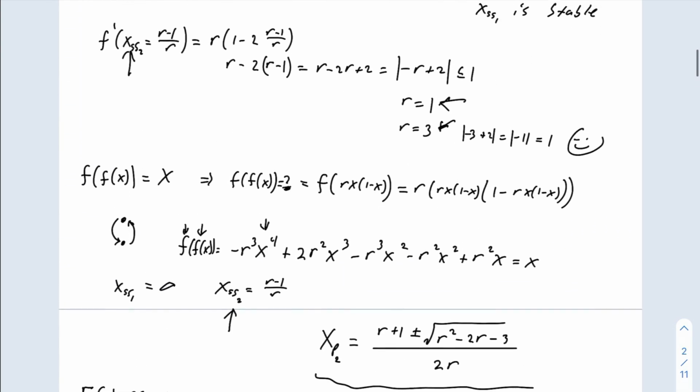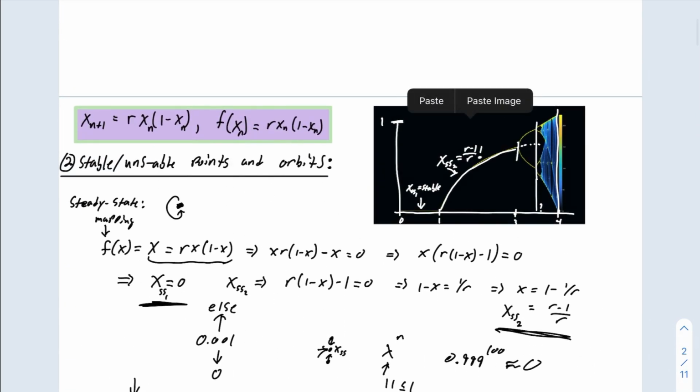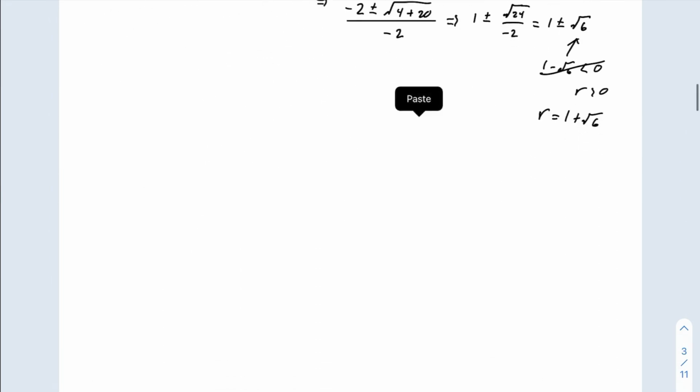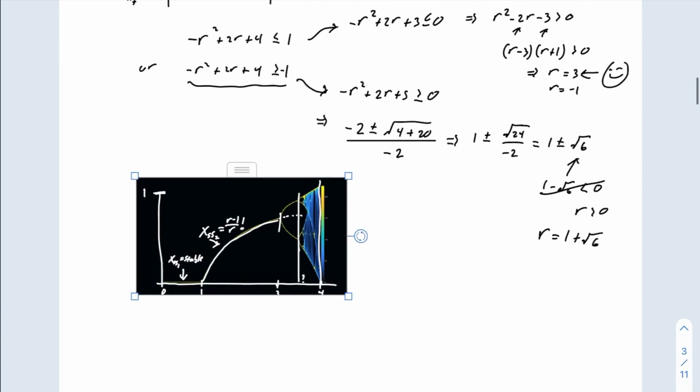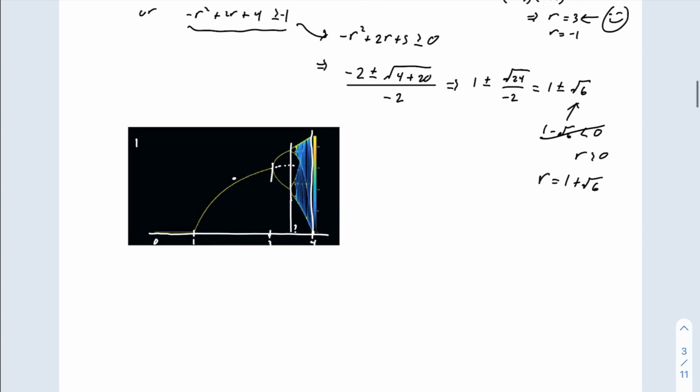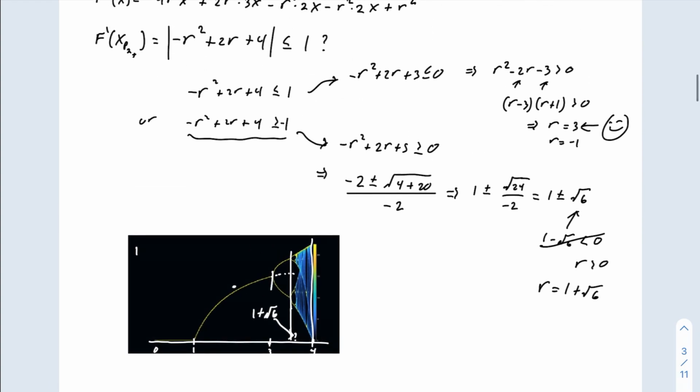Sweet. So let's grab this figure again up here. We'll copy it back down. It'll be a little bit less messy now, or we can get rid of everything. This line right here that I just erased is actually at 1 plus root 6. Sweet! So that is how you find out where your graph is going to bifurcate.